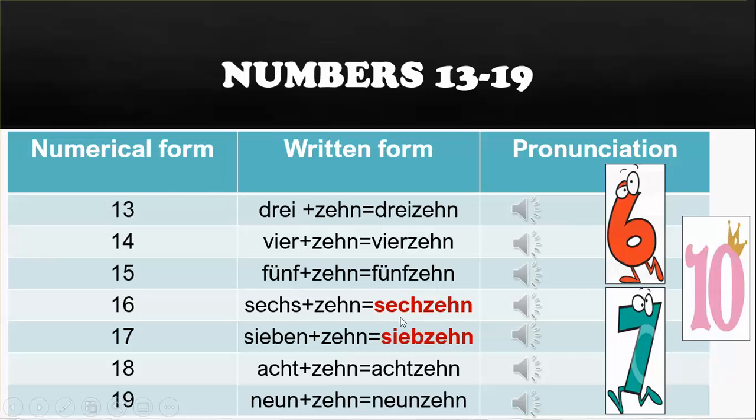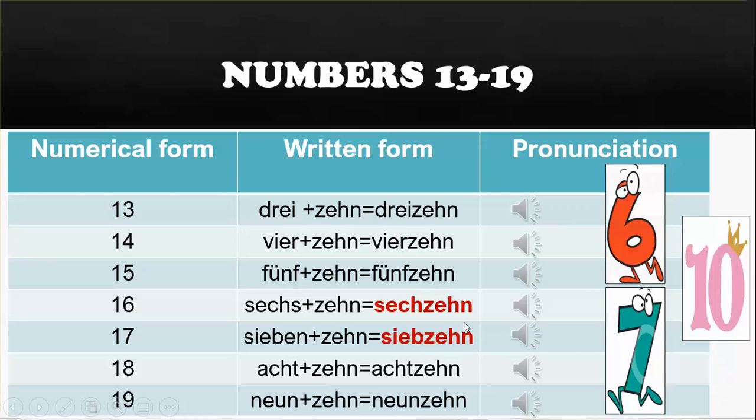and it becomes sechzehn, 16. And when 7 is combined with the number 10, then the EN of sieben is removed and 17 is siebzehn.